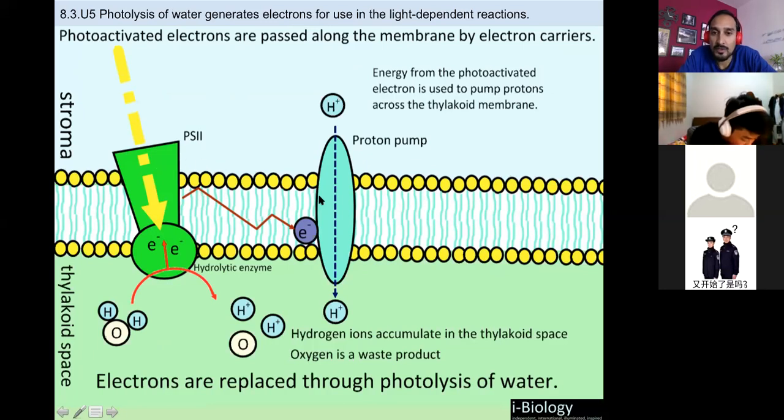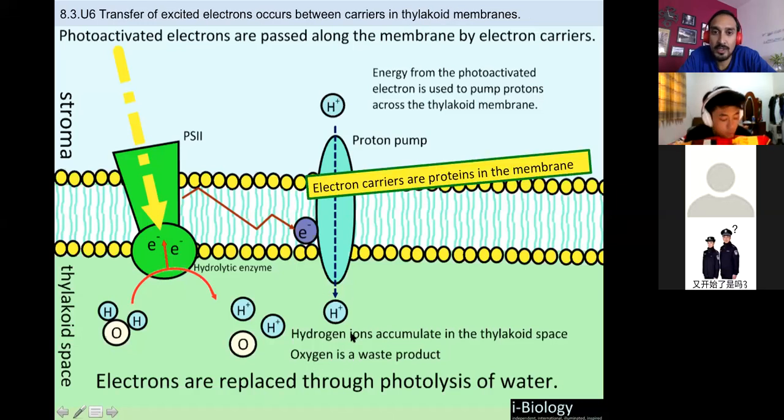That electron then starts to travel from protein to protein along this electron transport chain, losing energy as it does so. We can use the energy that it's losing to pump protons, or H+ ions, from the stroma into the thylakoid space. What does this do?